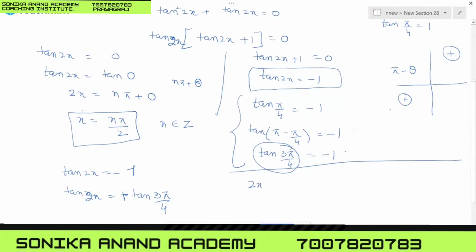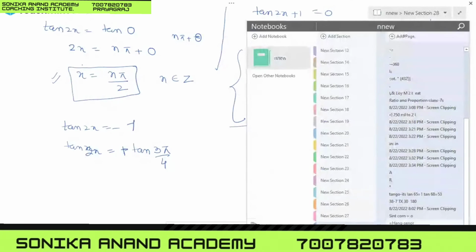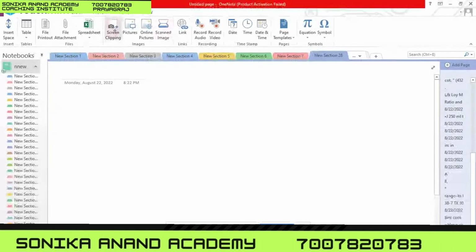So 2x is equal to n pi plus minus 3 pi by 4. Clear? So x is equal to, we divide by 2, n pi by 2 plus minus 3 pi by 8, where n belongs to z. This is the answer and this is the answer. Now I am giving you only a dummy, because it may or may not be possible for the last question. Let's see.